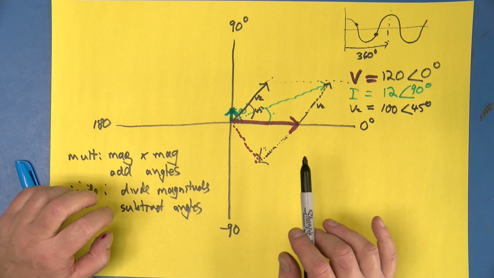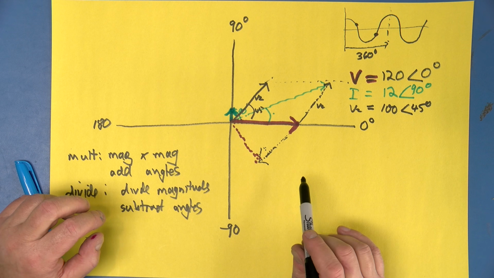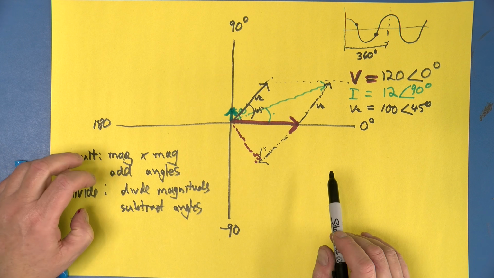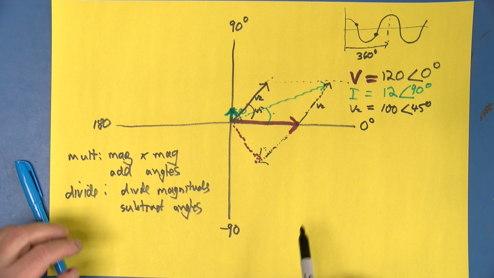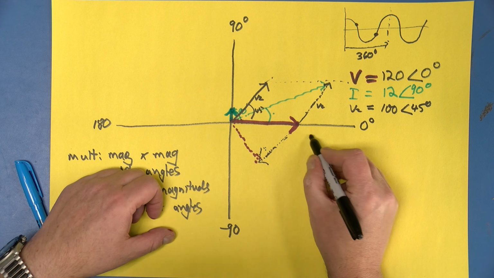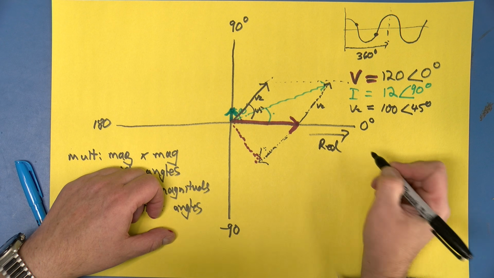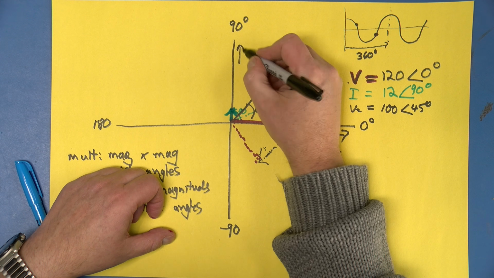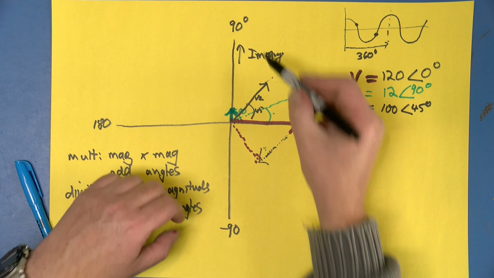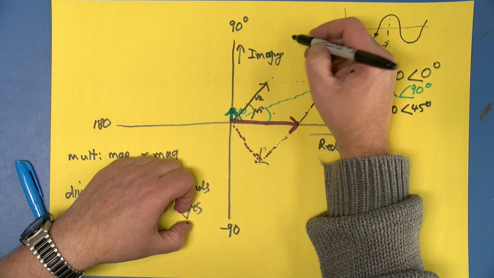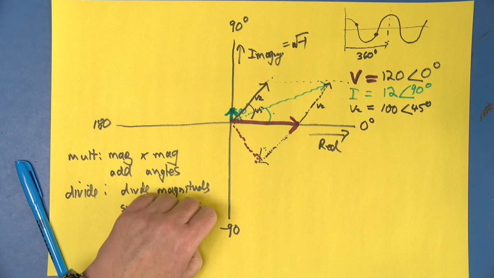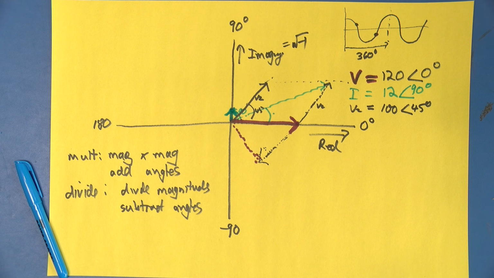Now, what I didn't tell you, but if you've had some complex math before, what you might realize is this is really a very quick introduction to complex numbers, where this is the real part and this is the imaginary part of the number, where the imaginary number is equal to the square root of -1, but that doesn't really come into play in anything we're doing.